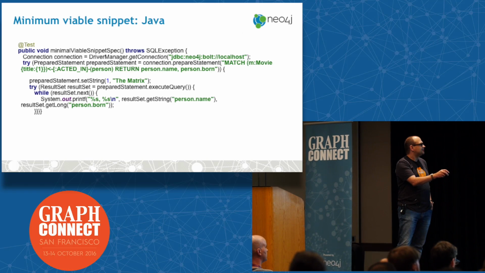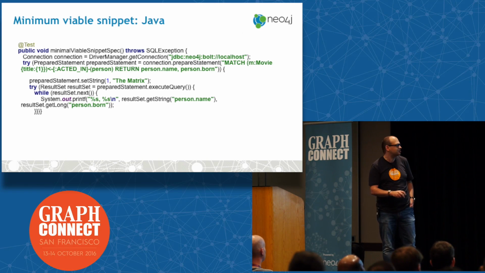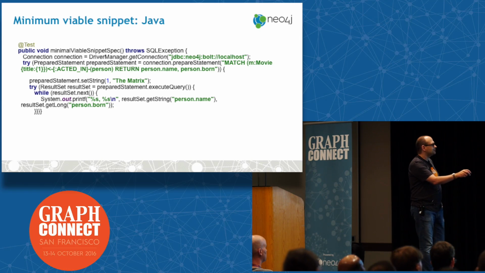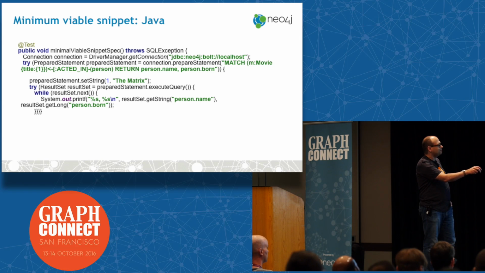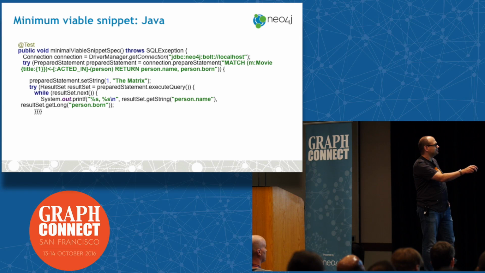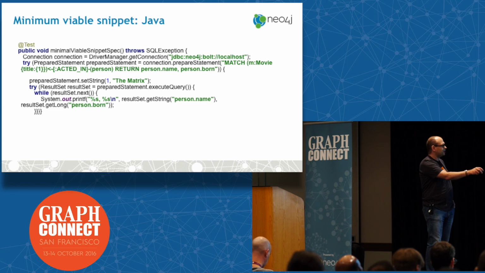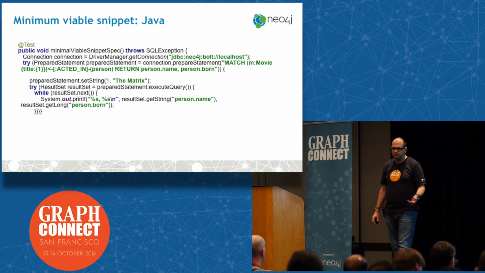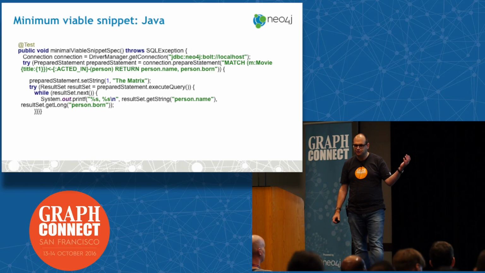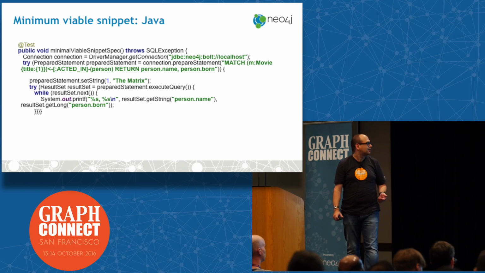If you use this in JDBC, the parameters can only be numbers. It cannot be any names. That is a limitation of the JDBC specification. Here you bind parameter number 1 to the value Matrix. So you look for all the people who acted in The Matrix. Then you execute that query, iterate over the result and consume it. That's classic JDBC code. It wouldn't look different if you do this against Oracle or MySQL.